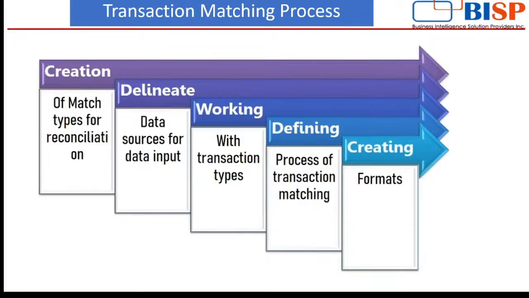All these are the rules which you will be giving here, and the ending step is just to create the format. After completing all the first steps, you will go back to your transaction matching mesh type and the status which is pending, you approve it, and the transaction mesh type has been created.